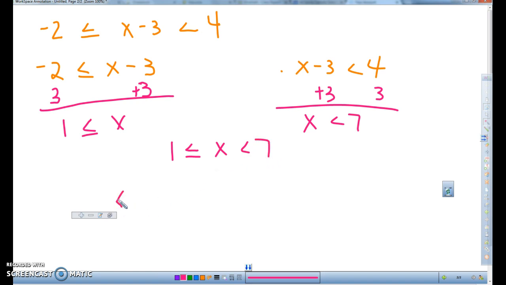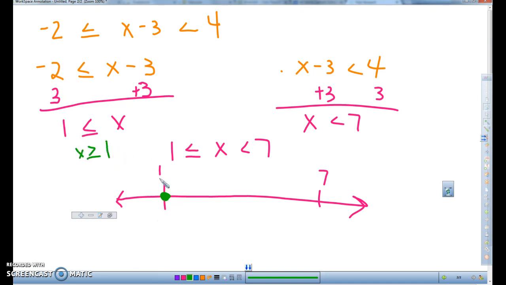And when I go to graph this on a number line, here's 1, here's 7. There's a closed circle on 1. X is greater than or equal to 1, so the line goes this way. There's an open circle on 7, and we know that x is less than 7, so there's a line this way. So our answer is in this intersection right here.